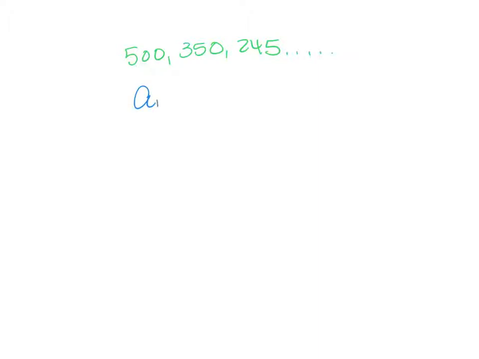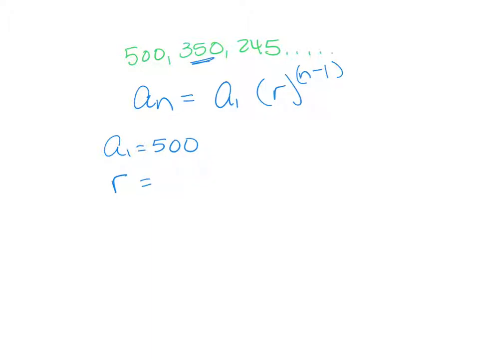First of all, let's write the equation down. An equals a1 times r to the n minus 1, right? And we know that a1 is 500. And to find the rate, you always take the second guy and divide him by the first guy. And that will give us 0.7 or 7/10.